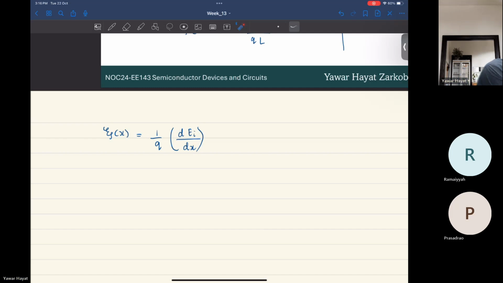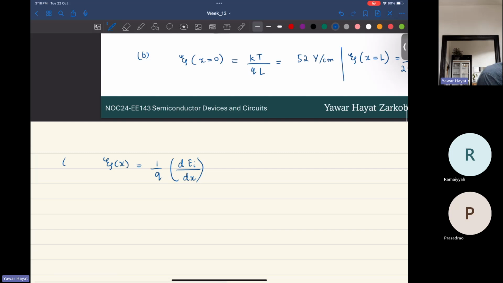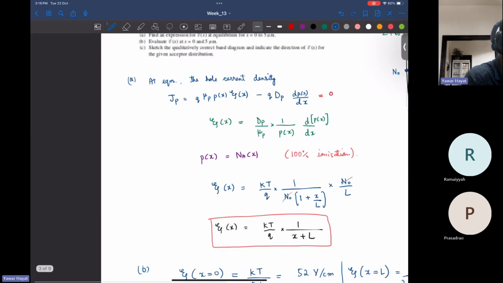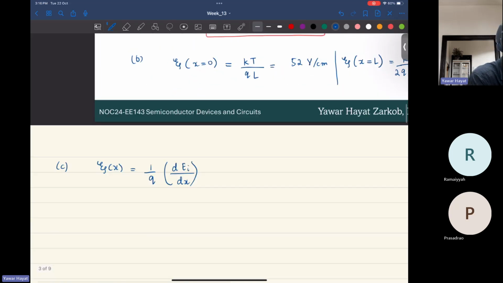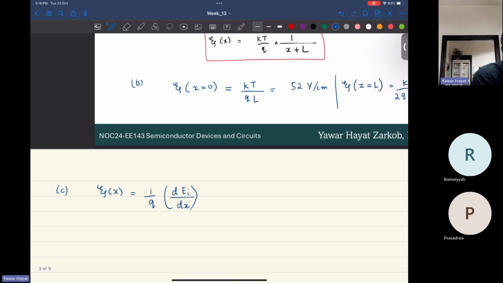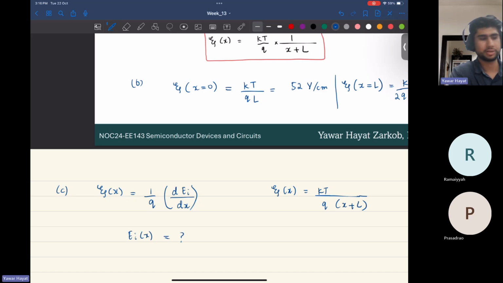Okay, so now that you know the expression for this electric field of X, right? Now tell me what should be the expression for Ei of X using this expression.